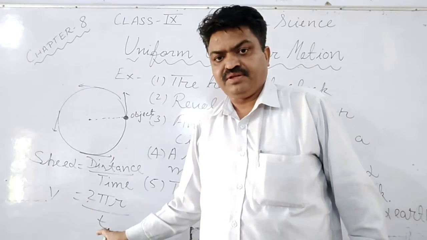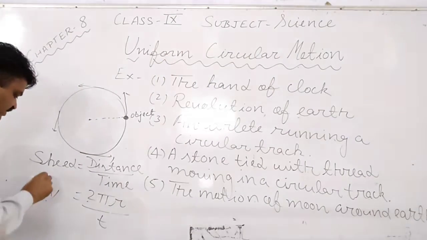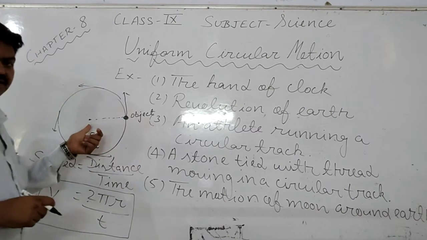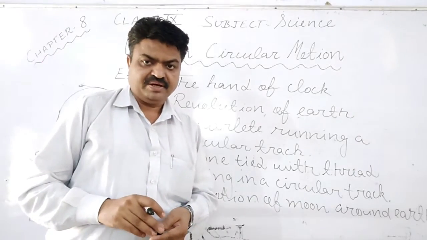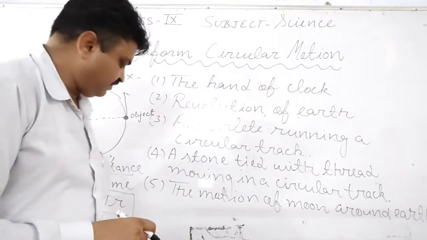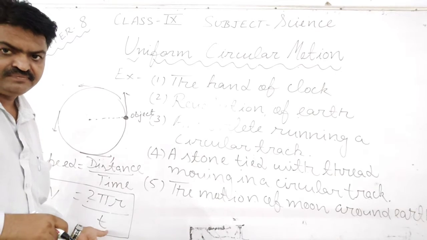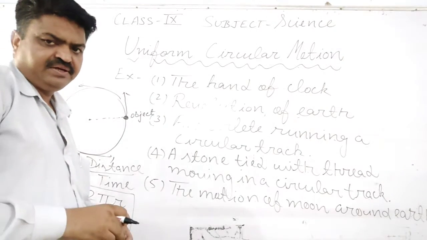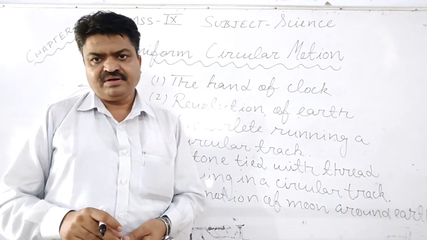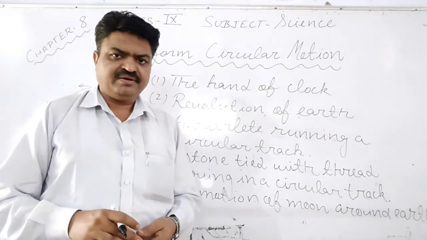With the help of this we can get the uniform speed in a circular path. This is the formula you will use: 2 pi r upon t. And what is the value of pi, students? In fraction it is 22 upon 7, and in decimals it is 3.14.